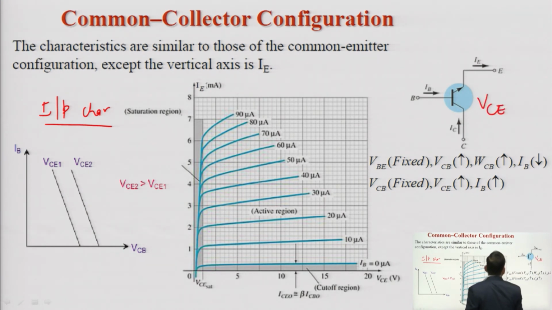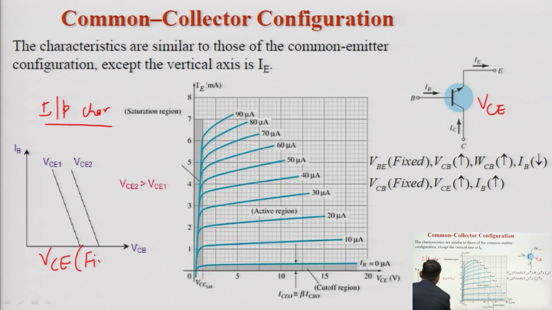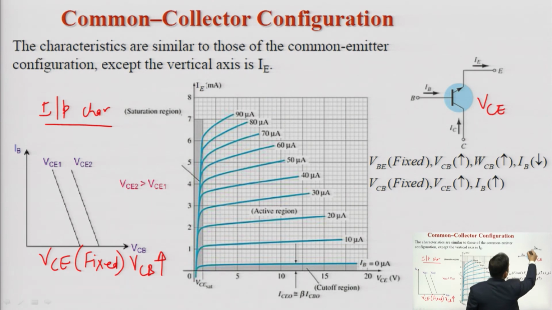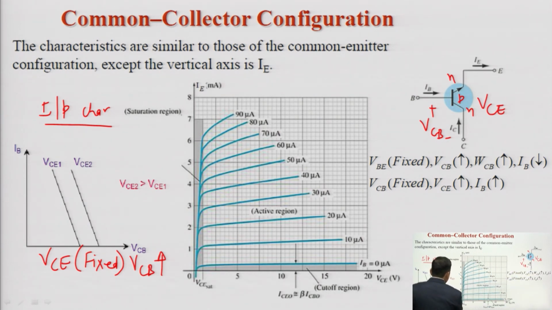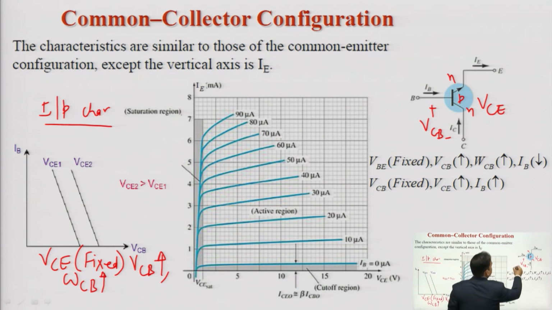VCE is fixed and VCB increases. This is NPN, and this is VCB. We are providing the collector more voltage in comparison with the base, so the collector base junction will be more reverse biased.